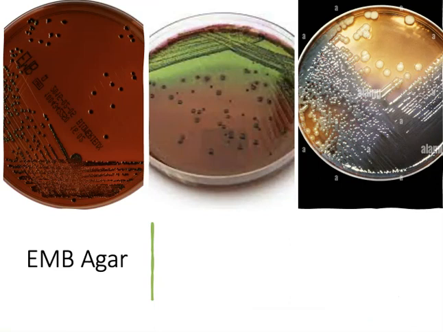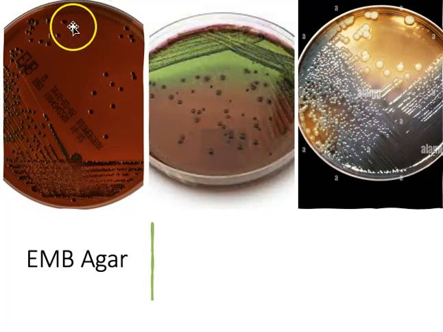On this slide, we can see the 3 ways that EMB can differentiate gram-negative enteric bacteria. Over here on the left, we can see a plate with growth on it. You can see some streak lines here and some individual colonies. This was a quadrant streak plate.